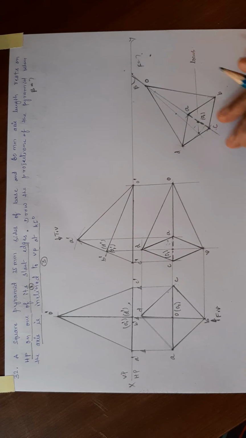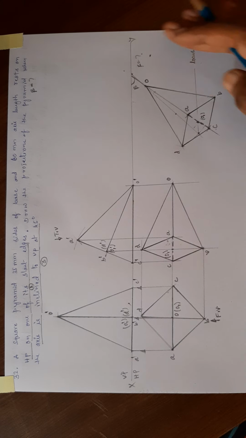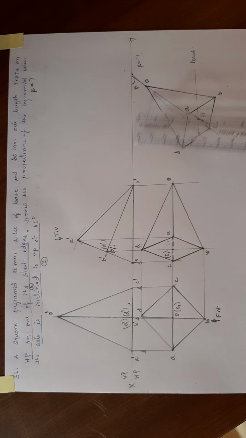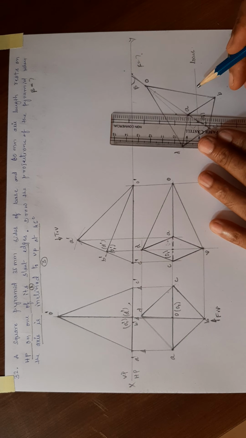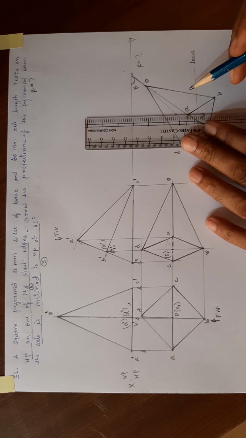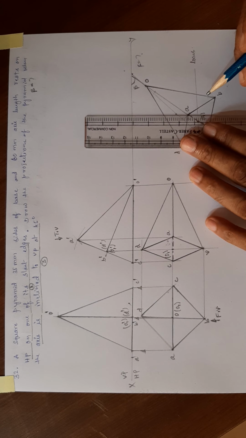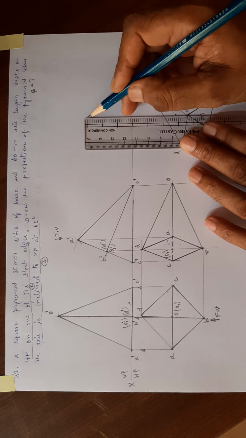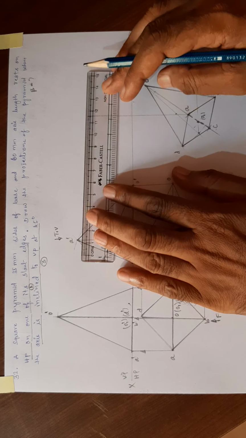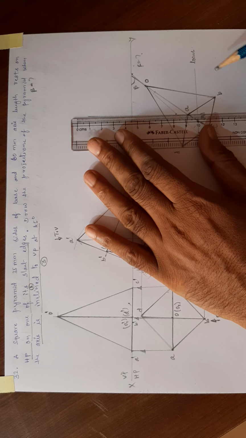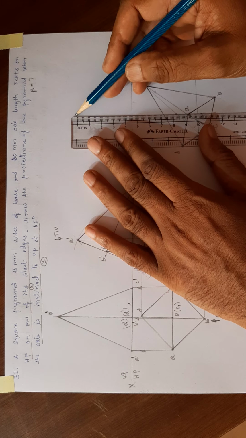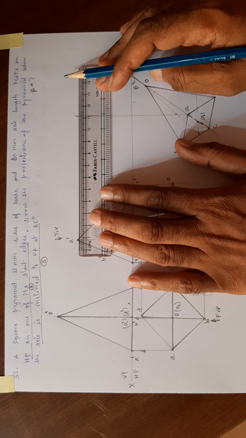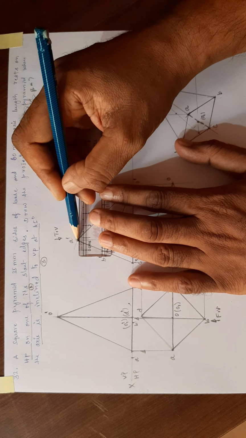So this top view is over in the third portion, and we have to draw the front view. You already know how to draw the front view. Draw a vertical projector line from A, then a horizontal projector line from A dash.